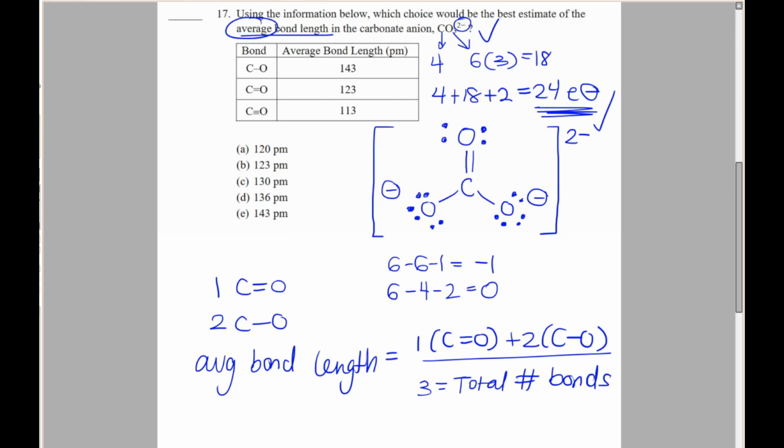So if we plug in all of these numbers from the table, you get that it's 1 times 123 plus 2 times 143 divided by 3 total bonds. And that should give us around 136.3. And that tells us that answer choice D is our correct answer.